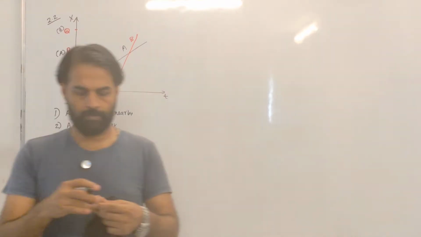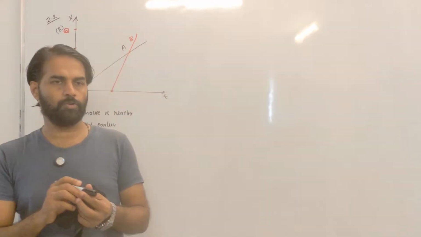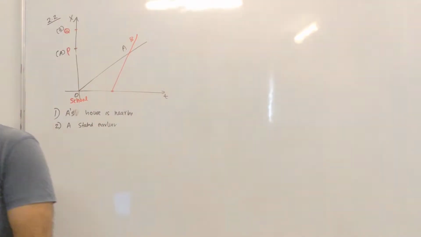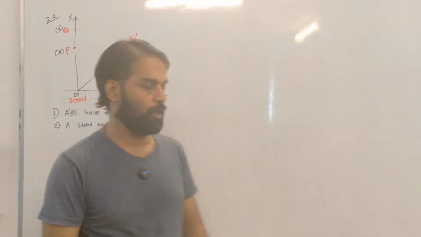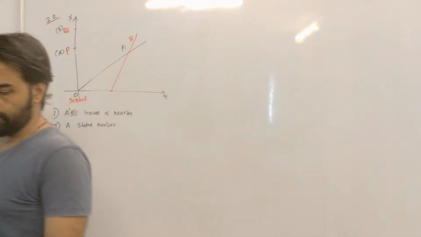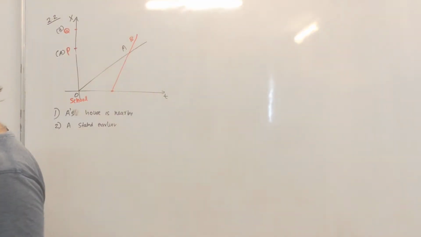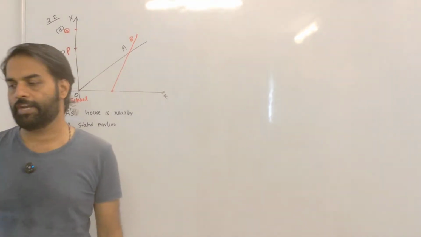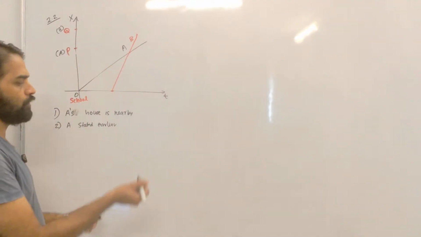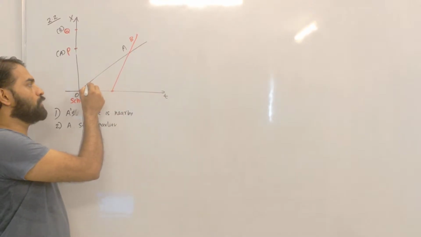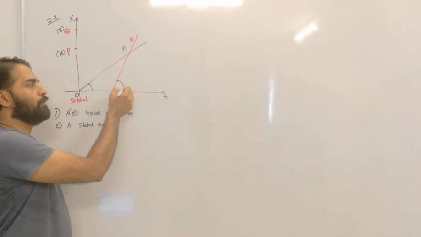Now the third question. Tell me, Gaurav, the third question. Who walks faster over here, A or B? Isabella, who walks faster over here, A or B? So how can you check it? To check that, you have to check the slope over here, right? The slope will be giving you what?